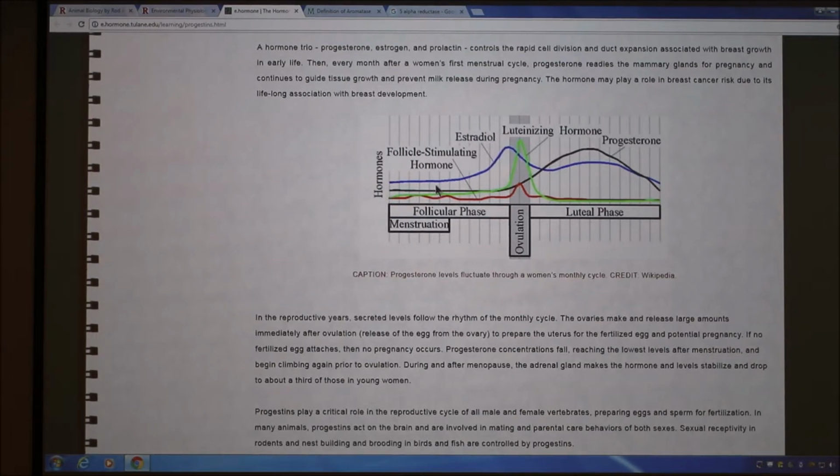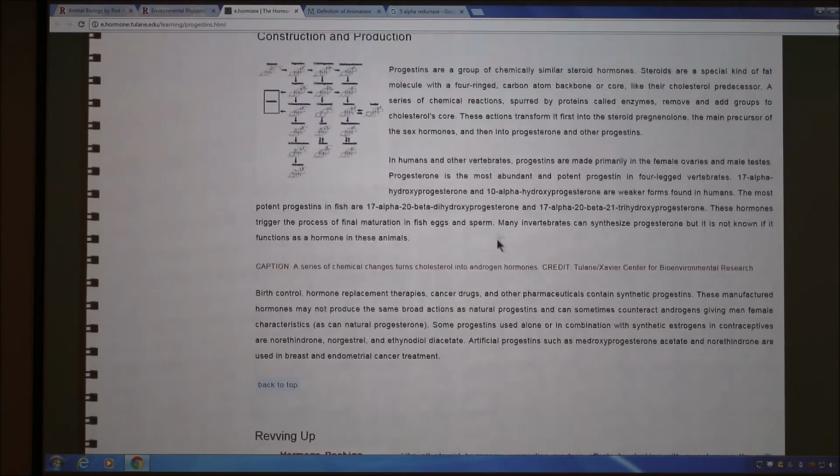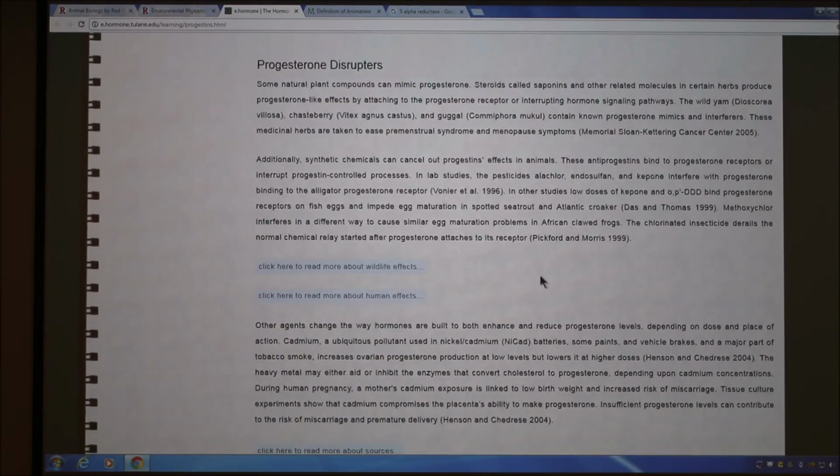So then they go through, we're on progesterone, okay? Progesterone disruptors. See, they're going to name compounds, but I'm never going to ask you all these compounds. You just should know that there are some compounds out there, the wild yam, that mimic hormones.